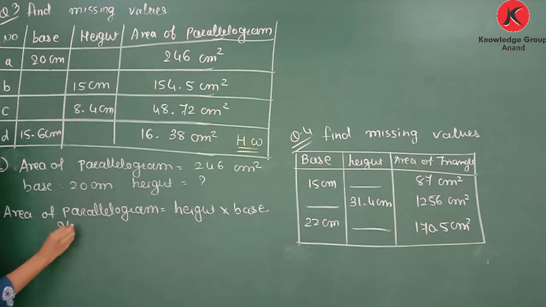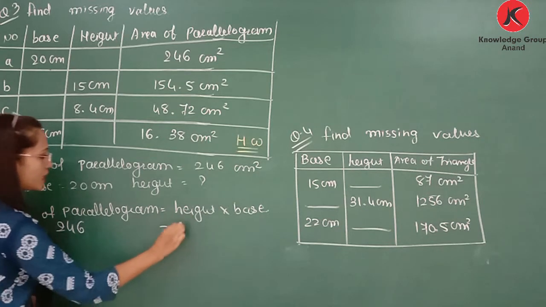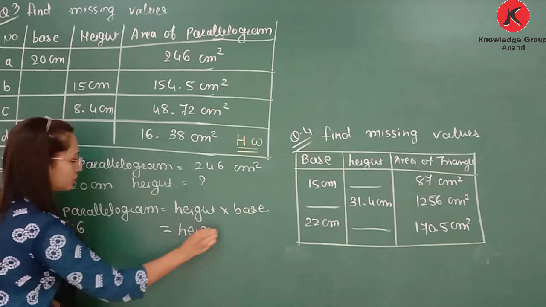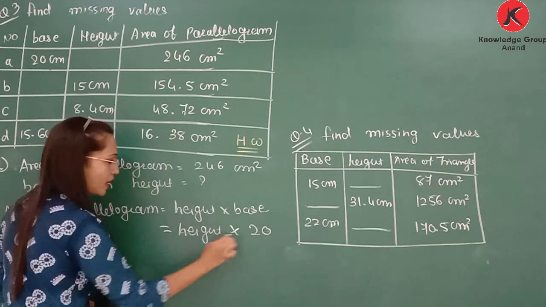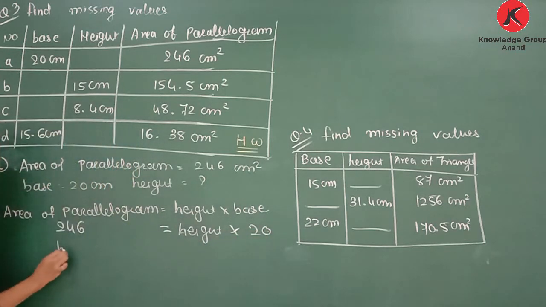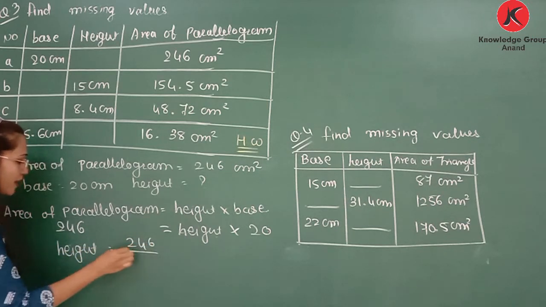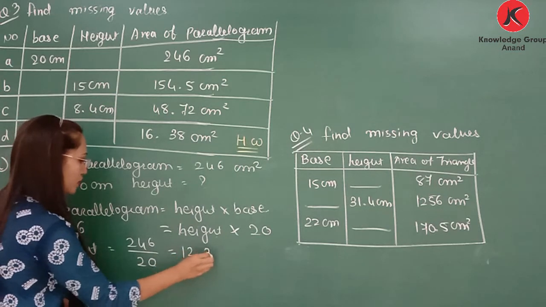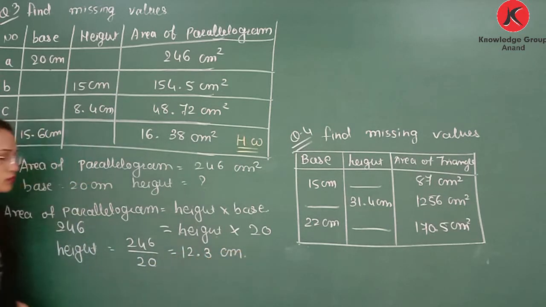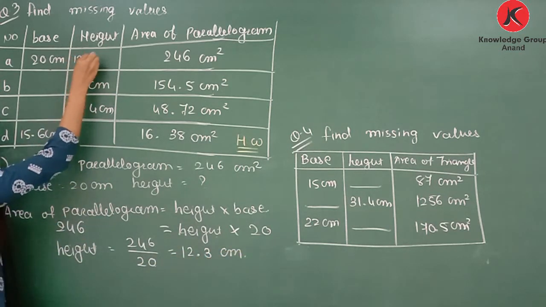Area is 246, height we need to find, and base is 20. To find height, divide by 20. So height will be 246 by 20. If you divide this, you will get 12.3 centimeters.